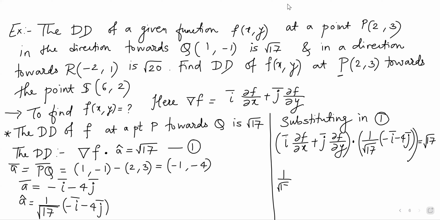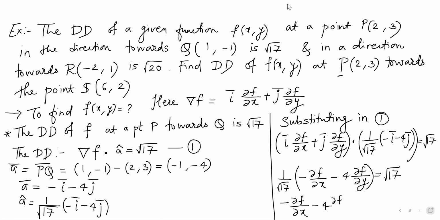So 1 by root 17 times minus dabba f by dabba x minus 4 times dabba f by dabba y is equal to root 17. So I'm getting that, root 17, you take it on the other side. This is our Roman 1 equation. Similarly, you get Roman 2 equation.